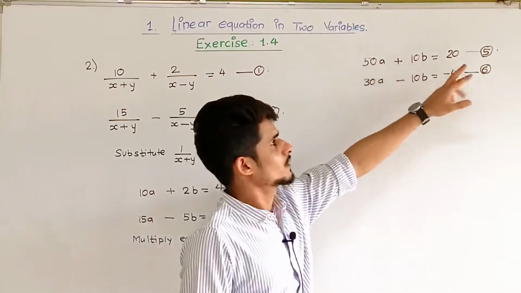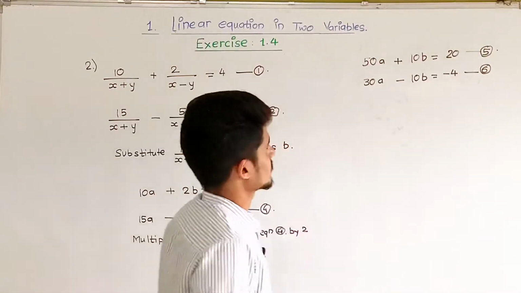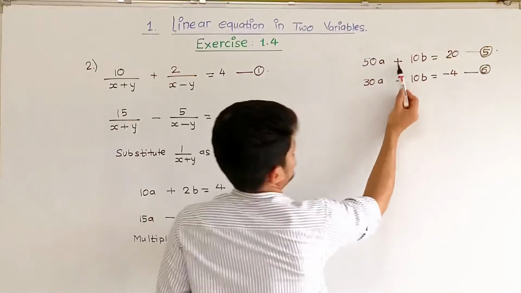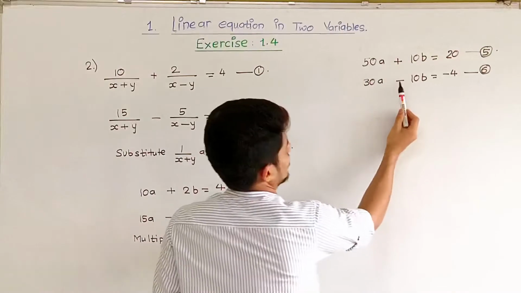So we'll add equation 5 and equation 6. As you can see, the signs are positive and negative.